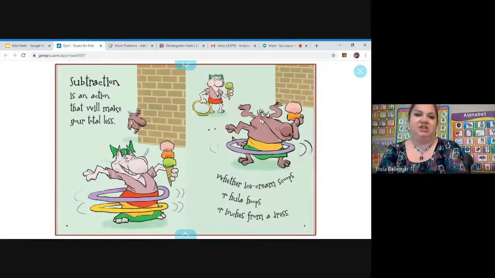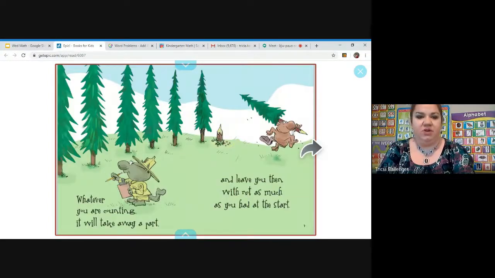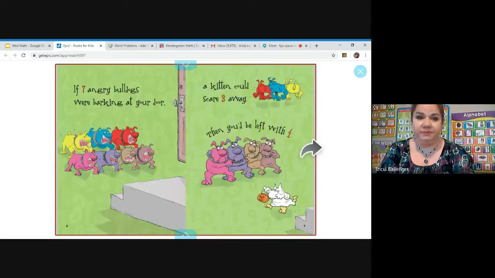Subtraction is an action that will make your total less, whether ice cream scoops or hula hoops or inches from a dress. Whatever you are counting, it will take away a part and leave you then with not as much as you had at the start. If 7 angry bulldogs were barking at the door, a kitten could scare 3 away, then you'd be left with 4.